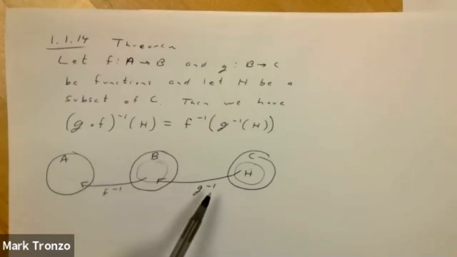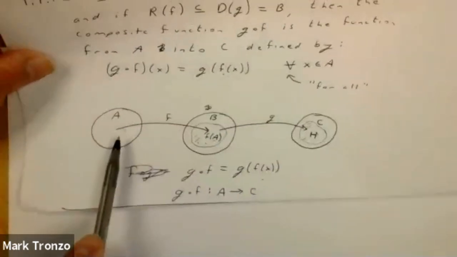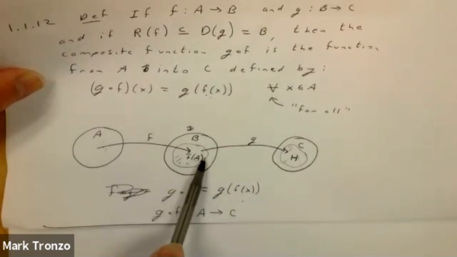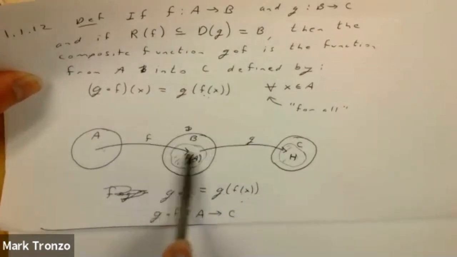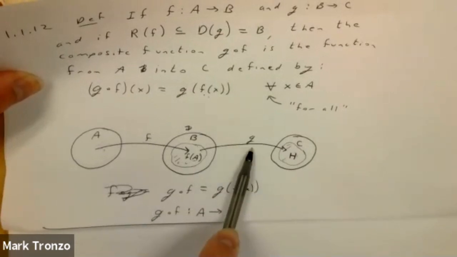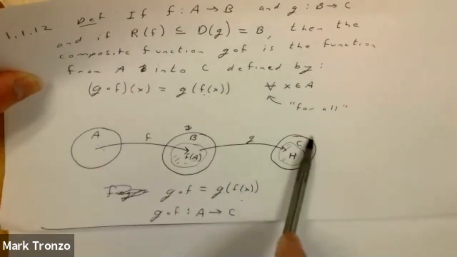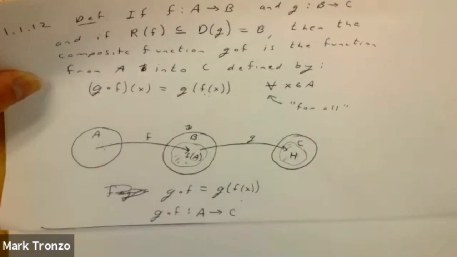If F was a bijection and G was a bijection, it would have to be everything, because when F went from A to B, it would get all of B. And then if all of B is being put into G, and if G is onto, then it's going to get all of C. That's right. Exactly.